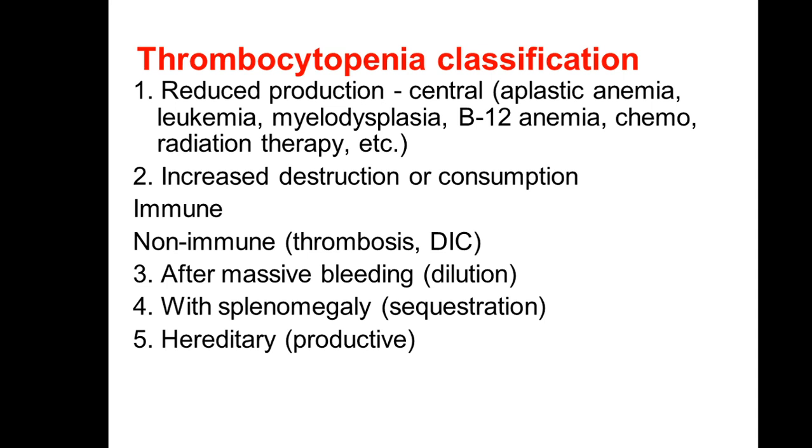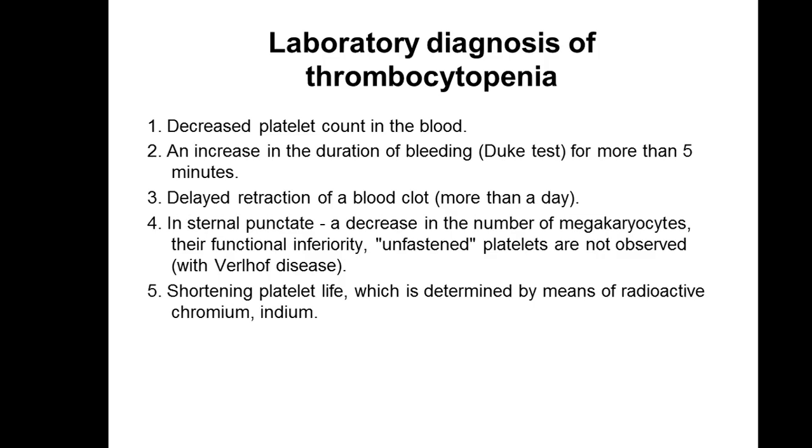And non-immune mechanism is overuse or consumption due to thrombosis, or may occur in disseminated intravascular coagulation syndrome. Thrombocytopenia also may occur after massive bleeding or in splenomegaly due to sequestration, and sometimes may be hereditary decreased production of platelets in bone marrow.